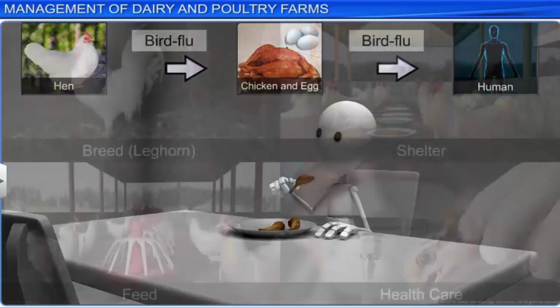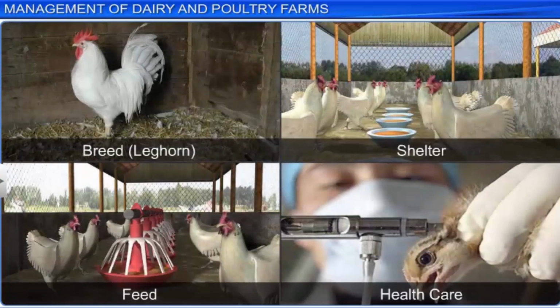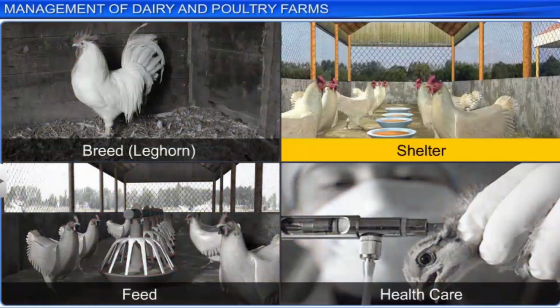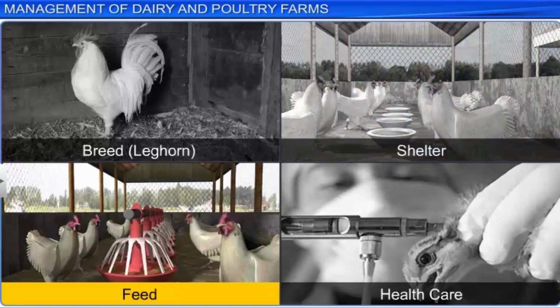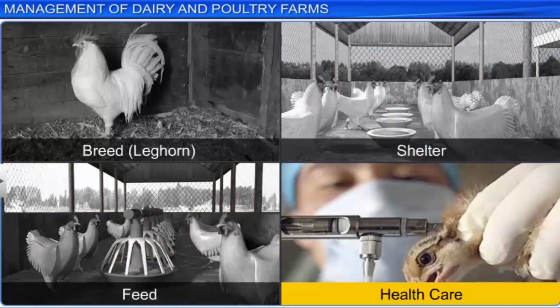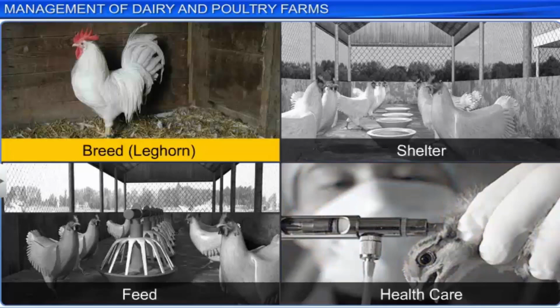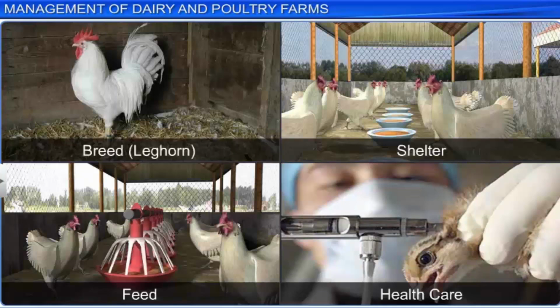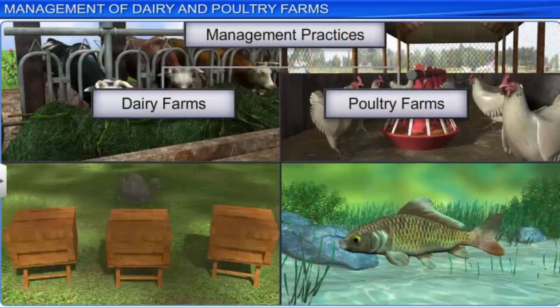However, ensuring proper hygienic shelter for the birds, nutritious feed, and regular health care, along with good quality breed selection, will result in an increase in chicken and egg production. In this manner, proper poultry farm and dairy farm management, along with strategies and techniques to ensure good yield and quality, will help increase the overall quality and productivity of animal produce.